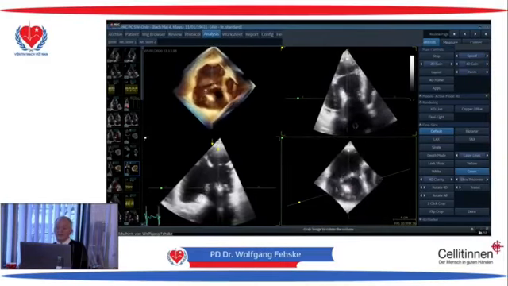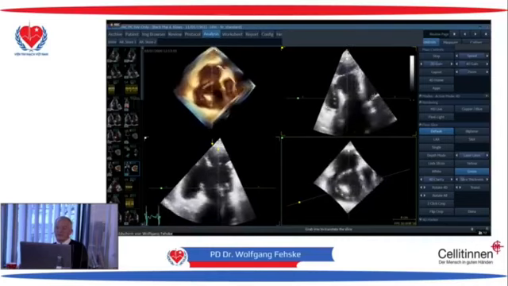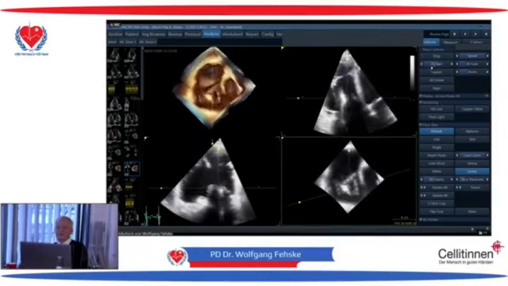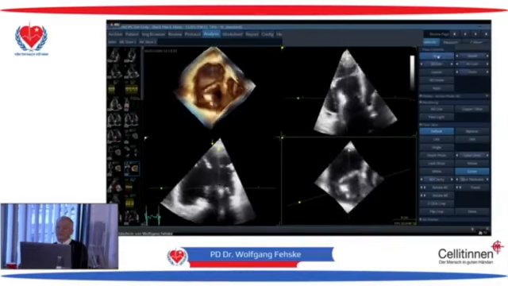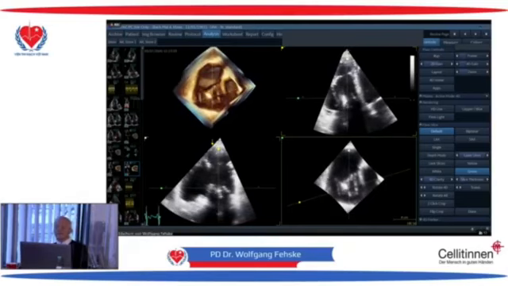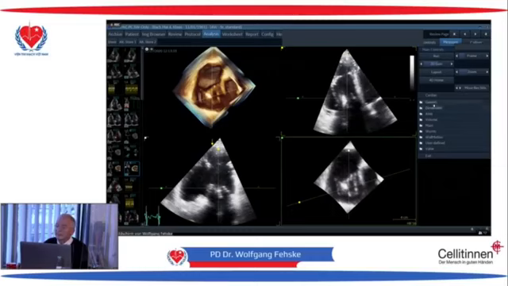So we have a large gap between the closing edges of the tricuspid valve. It could be seen already in the 3D aspect we had before, but this aspect here is a little bit better because we have lifted the transducer and looked exclusively at the valve, and then we can do the measurements.